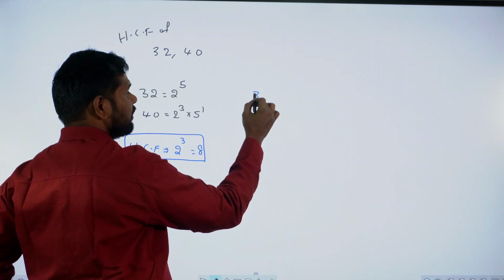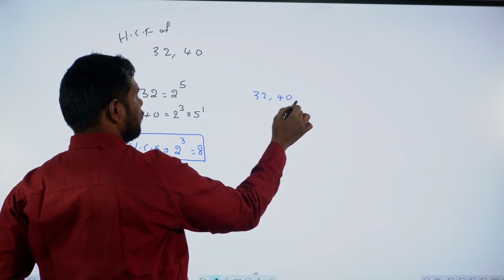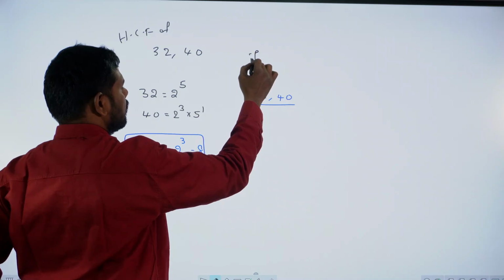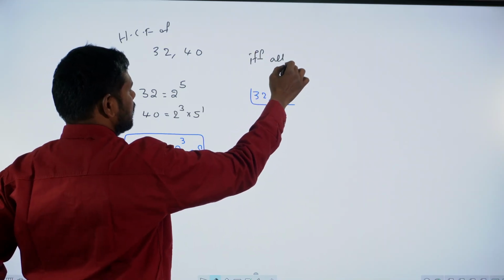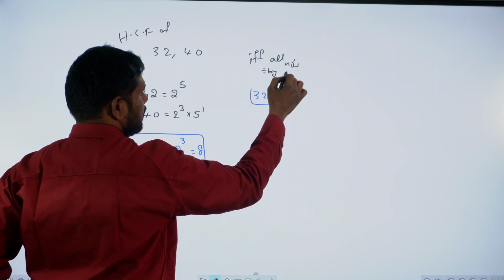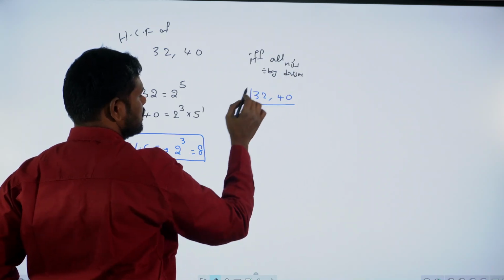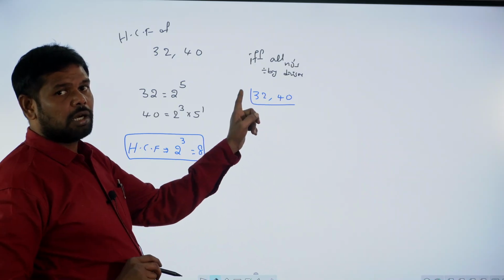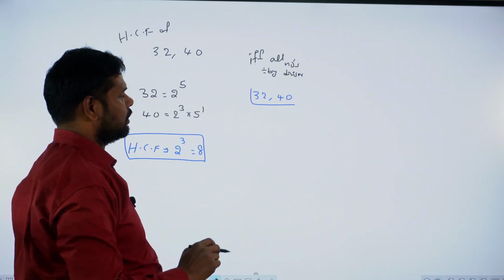HCF can also be found with the short division method, but if and only if all numbers are divisible by the divisor. Whatever divisor you consider, that divisor needs to divide all the given numbers. That is important.